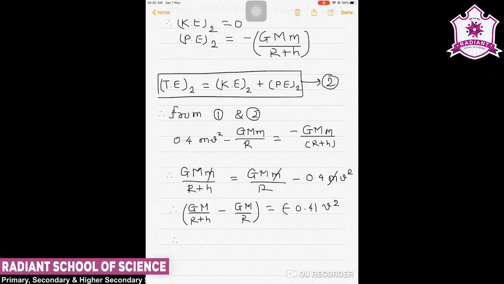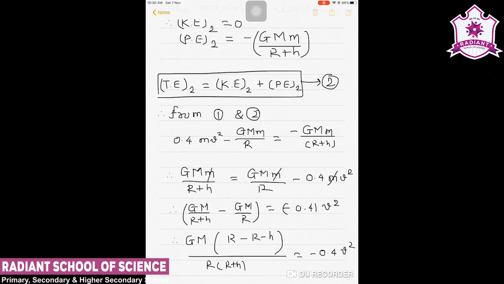Now we simplify GM times R minus R plus h upon R into R plus h is equal to minus 0.4 v square.